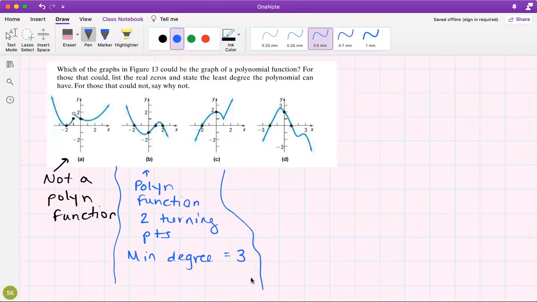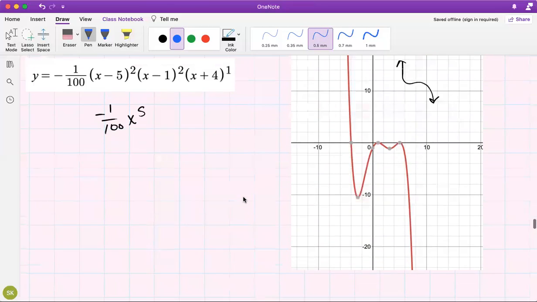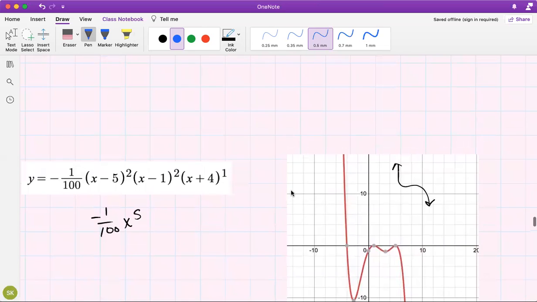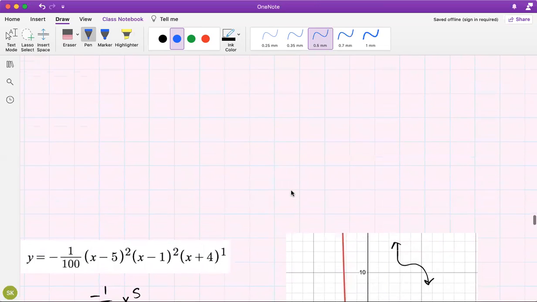Why is that? Because remember, I said the number of turning points is always at least one less than the degree. So if the degree is 3, if we subtract 1, we would have 2, which would be the maximum number of turning points. Of course, you could have a degree 4. In the example we saw a little while ago, we had a degree 5 with 4 turning points, which is exactly like the one below when we said 1 less.